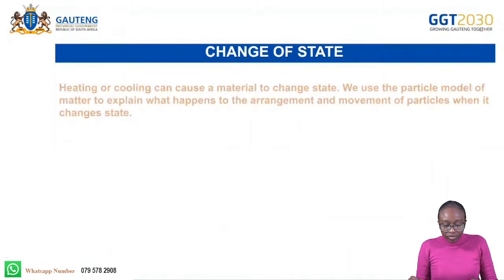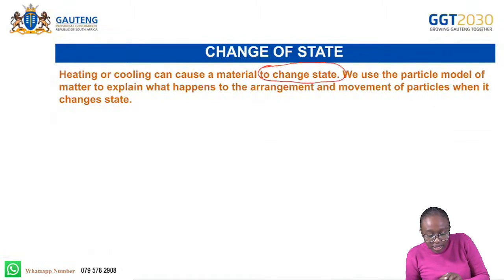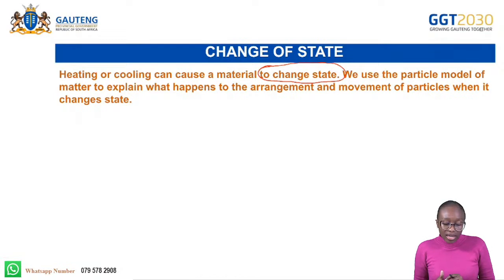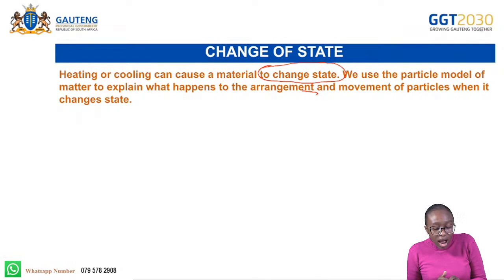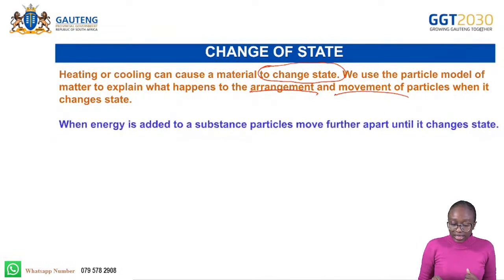All right. Now, when you heat or cool a substance, it can cause the substance to change its state. We can use the particle model of matter to explain what happens to the arrangement and movement of particles when it changes its state.